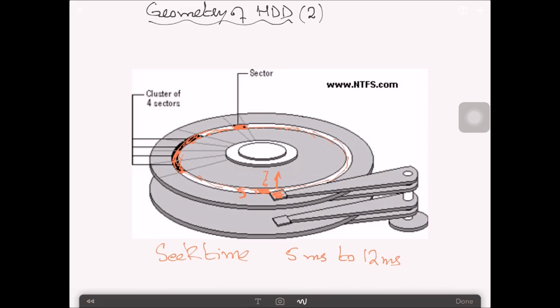Actually, the smallest unit of allocation is the sector. A sector represents slices of the track and is the smallest unit of allocation. As the disk moves like this, the sector under the head changes, and this is what is known as the rotational delay.